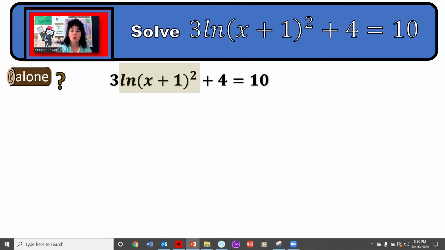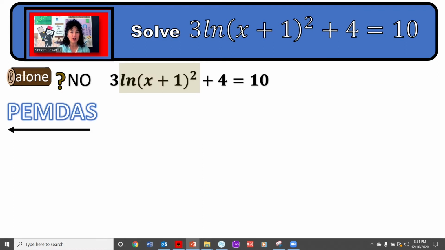So next, we want to undo the order of operations to get that logarithm alone. We can't just go after getting the x by itself right away. We've got to get the log by itself, and then we can get the x by itself.